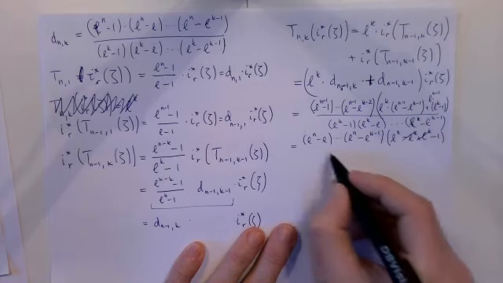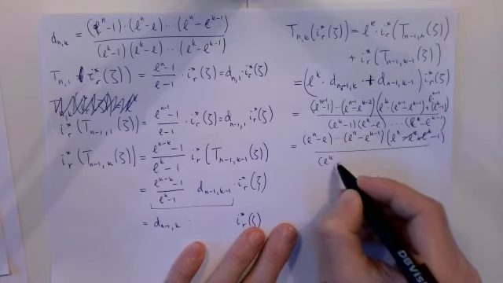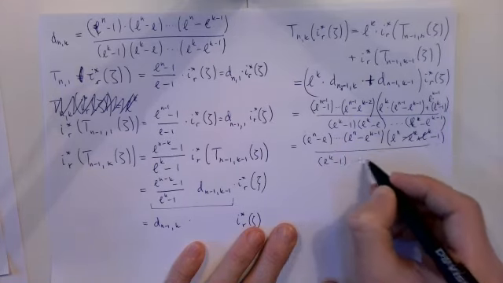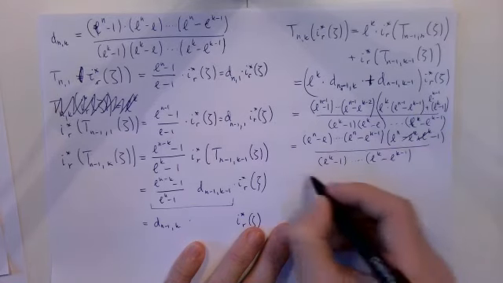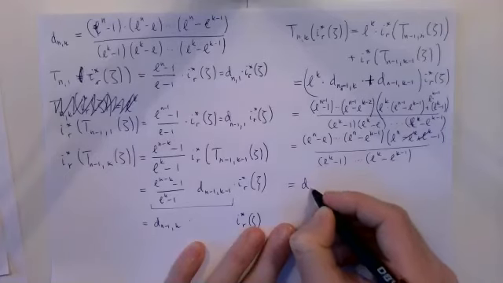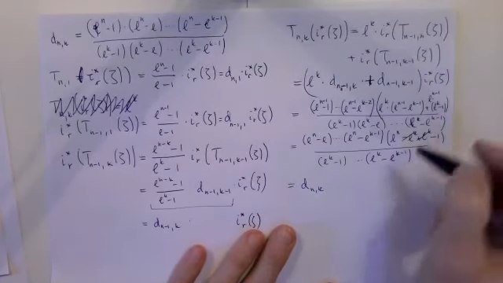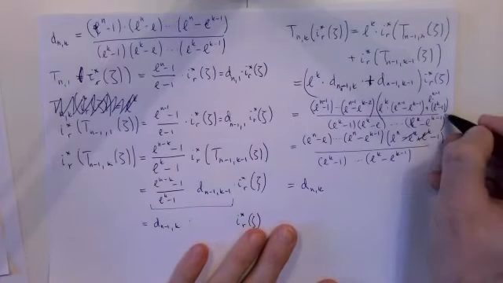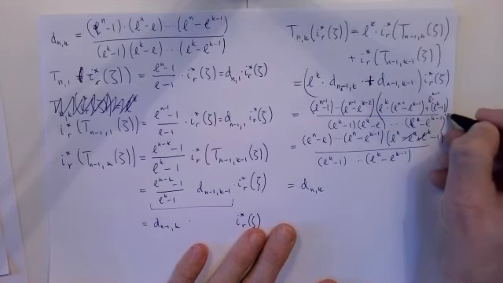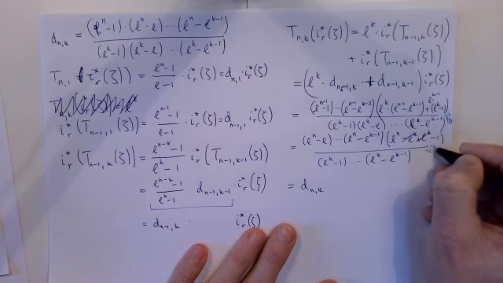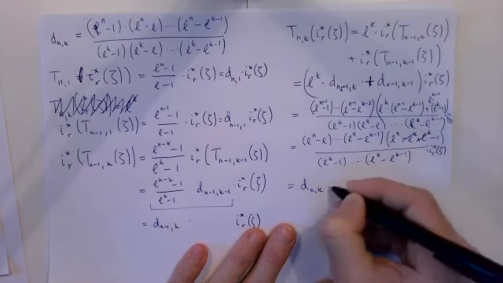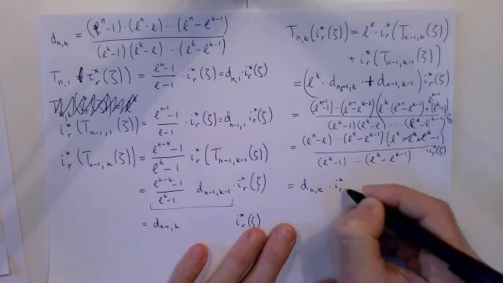So this cancels over (L^k minus 1) dot dot dot (L^k minus L^{k-1}), which is equal to d_{n,k}. And all of this is always times I star R zeta.